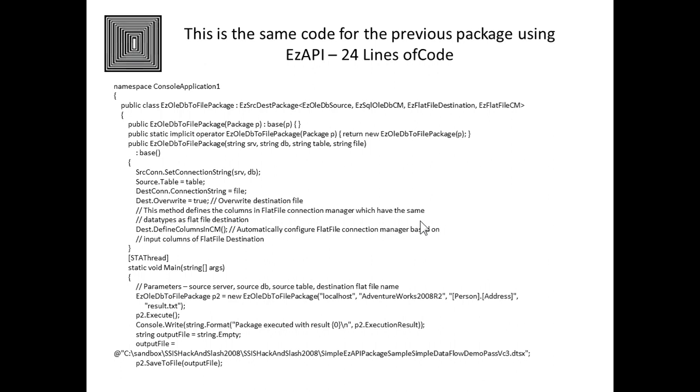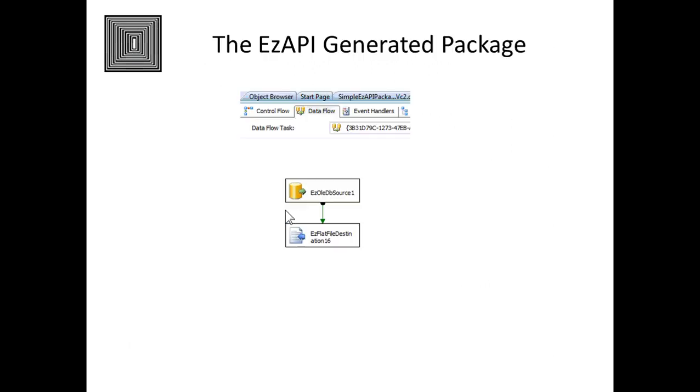If we were to look at the use of EzAPI, and we'll get into the model and how it works, but let's just take a look real quick. This is 24 lines of code, and we're not going to walk through all of the code right now. We'll do that in detail as we walk through the demo later on. We'll create this same package. It will create an OLEDB source.